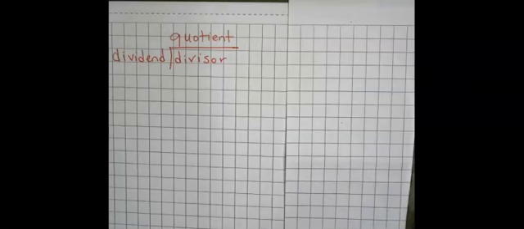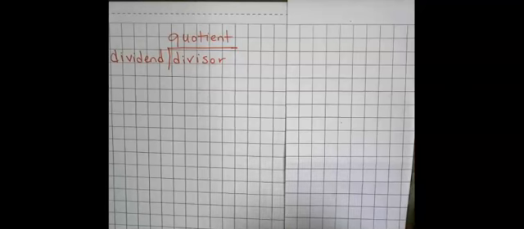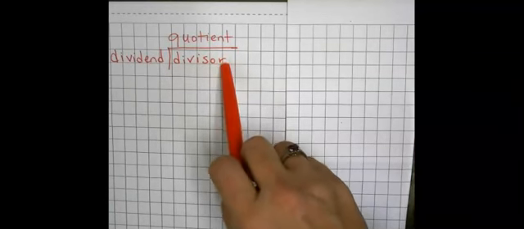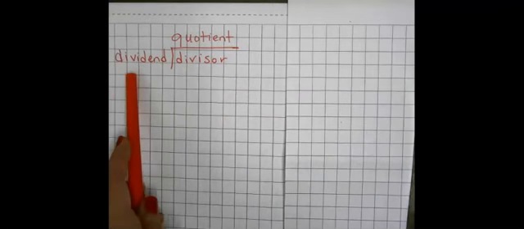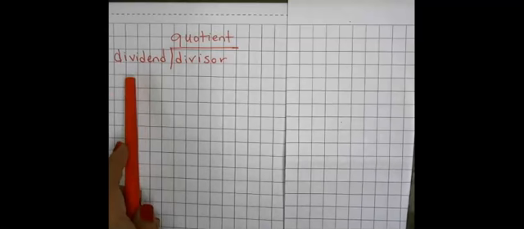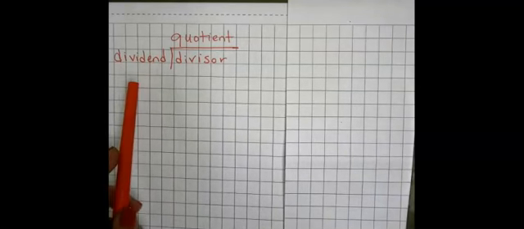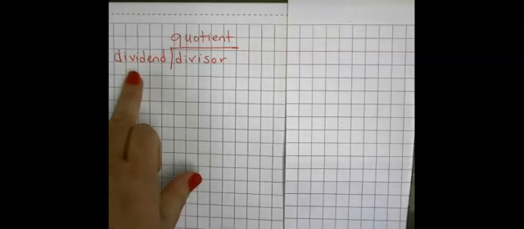All right, to set it up, you're going to draw this bracket here. You're going to put the dividend, or the big number that's being divided, underneath here. All right, and then over here on the left, you're going to put the divisor, or the number that you're dividing by.